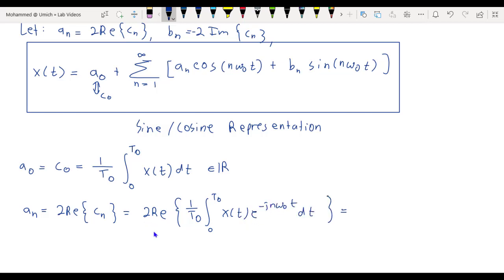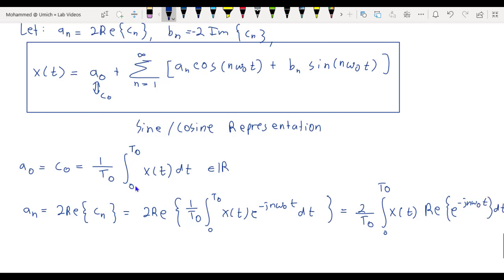And if we move the real part inside the integral, this equals 2 over t naught times the integral from 0 to t naught. X of t is a real quantity. X of t times the real part of e to the power minus j n omega naught t times dt.